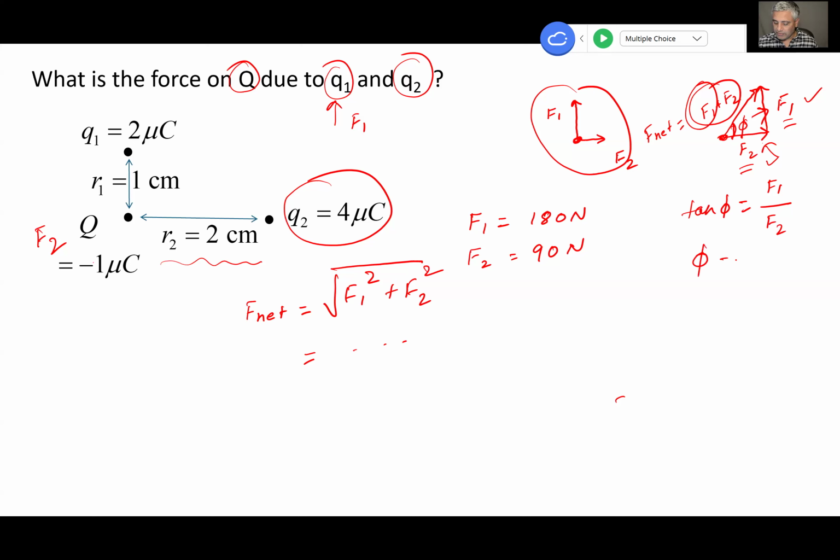So phi is going to be the inverse tangent of F1 over F2. F1 is 180 and F2 is 90. 180 is exactly double of 90, so that means it's inverse tangent of 2, and this is where the calculator comes in handy.